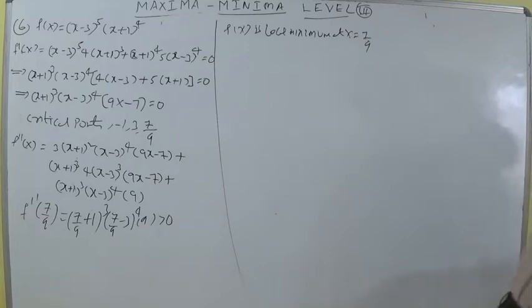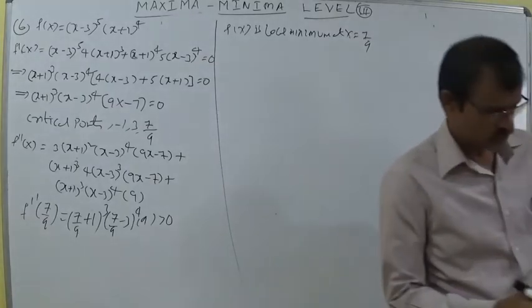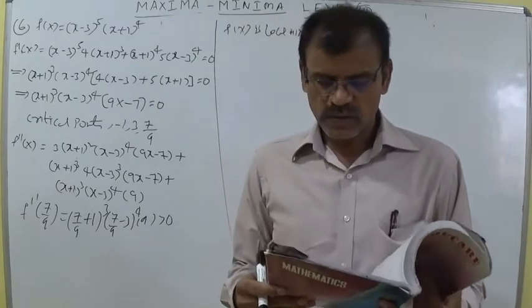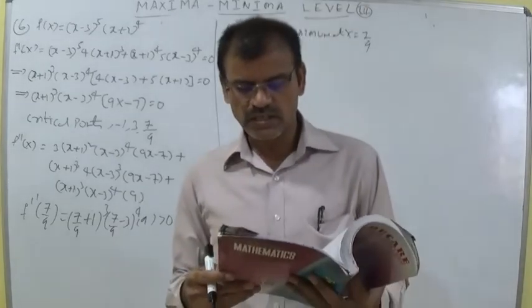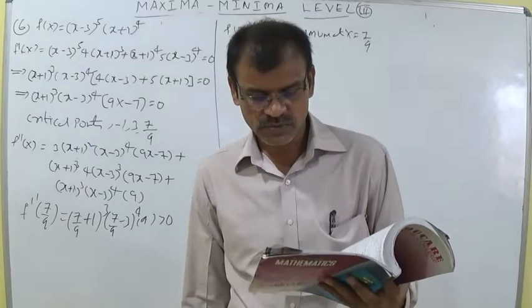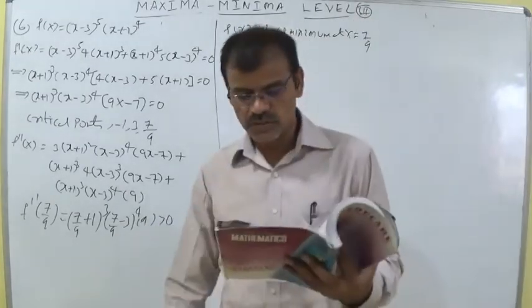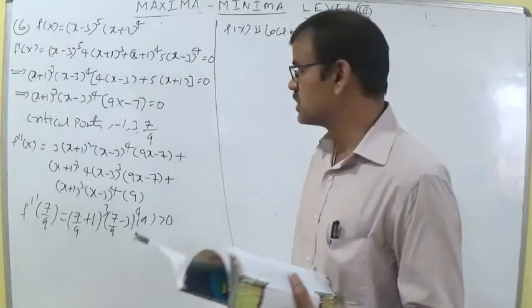Let us see the options. According to the option, x equal to 7/9 is given as a point of maximum. So the first option is wrong. We got it is minimum. x equal to 3 is a point of minimum.